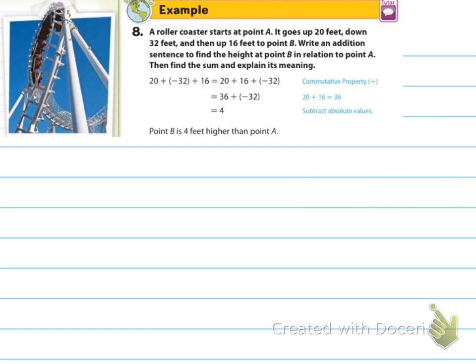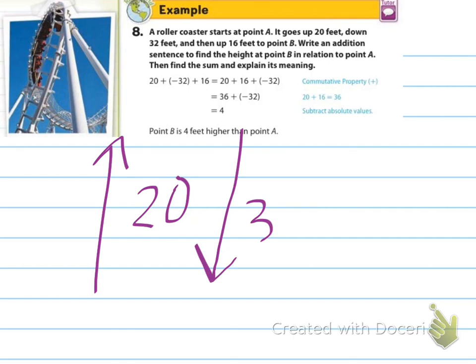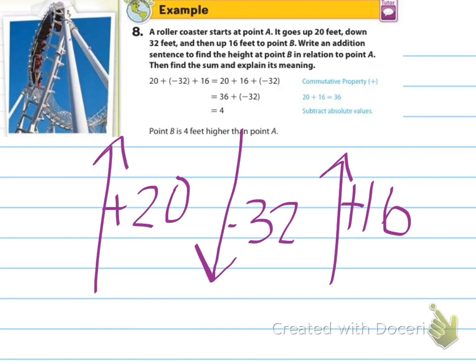The last example is a real-world example of a roller coaster. It starts at point A. It goes up 20 feet, down 32 feet, and then up 16. Write an addition sentence that finds the height at point B in relation to point A. So we added 20, then we subtracted 32, because when we go down that's subtracting, and then we added 16.